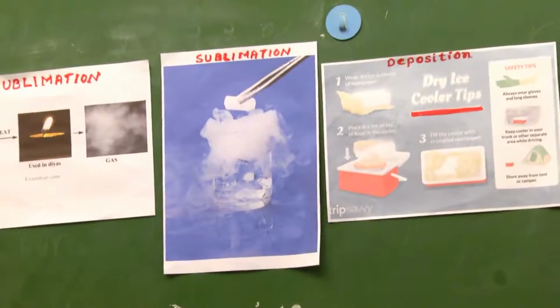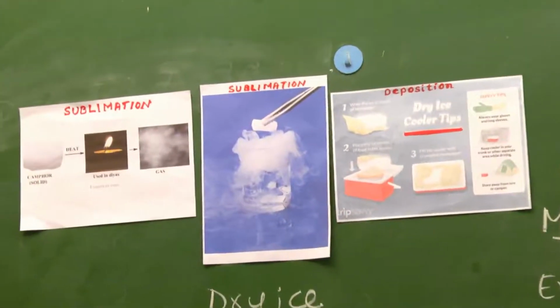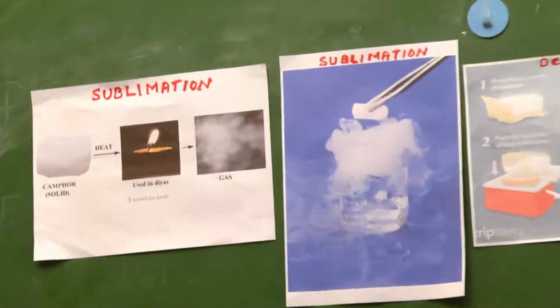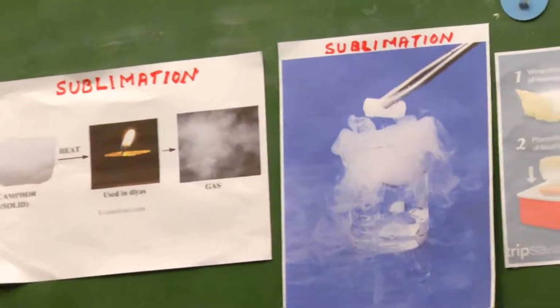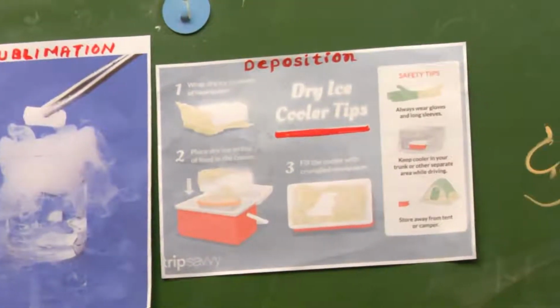Then the next thing we have to consider is two types of changes. The first is called reversible change, and the next is called irreversible change.